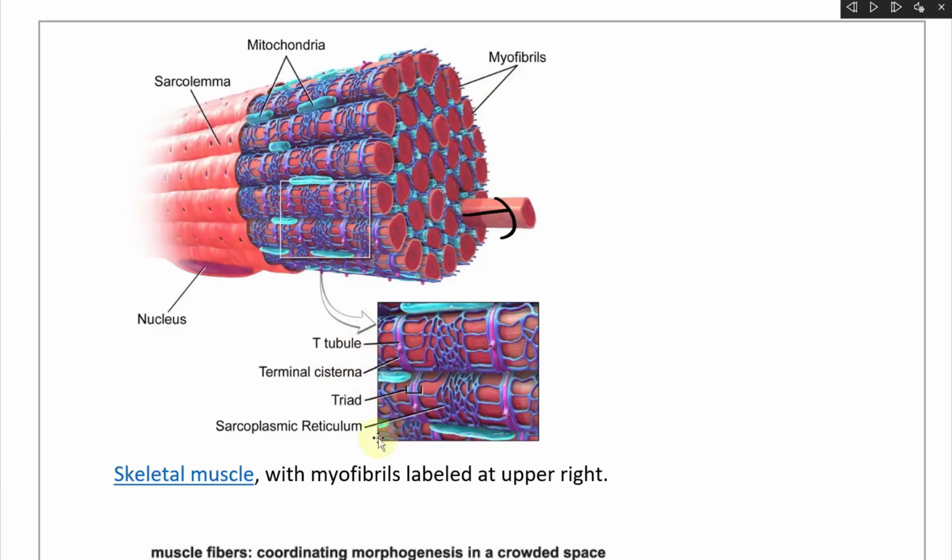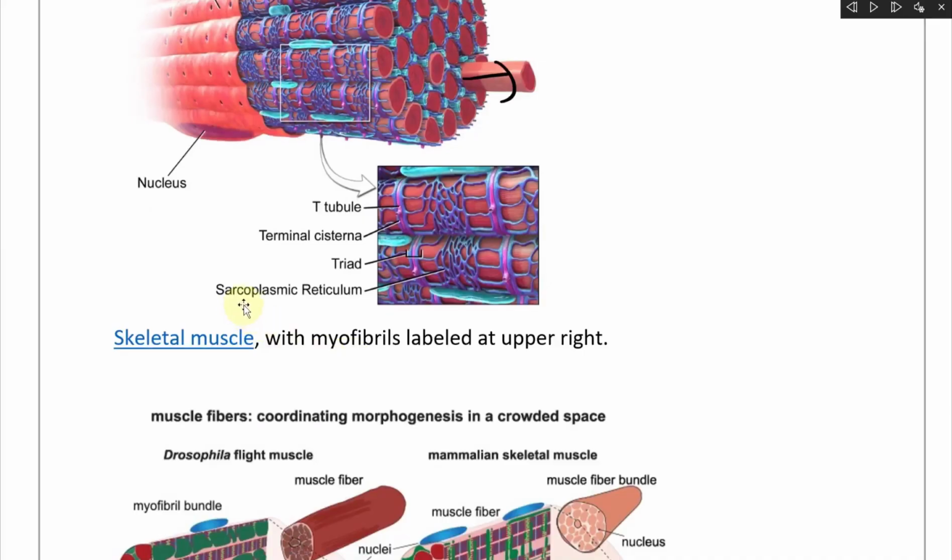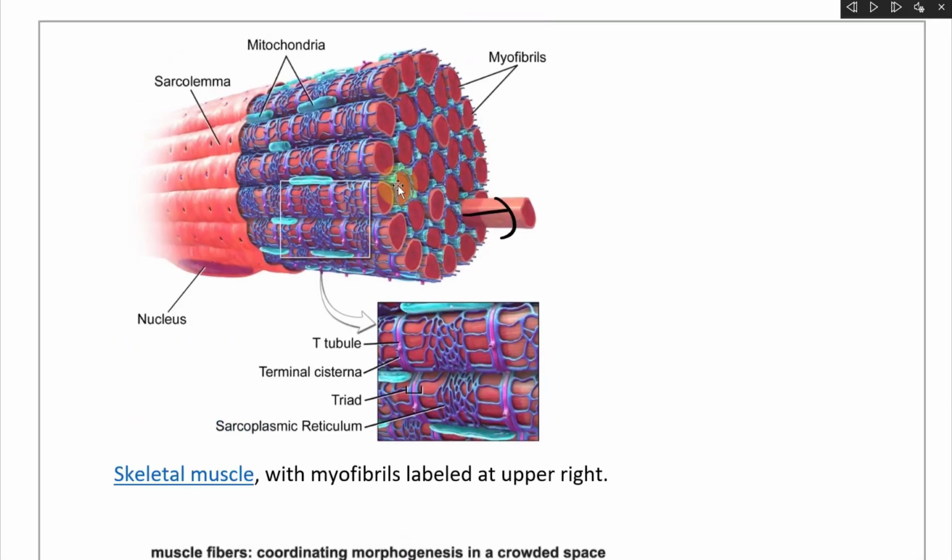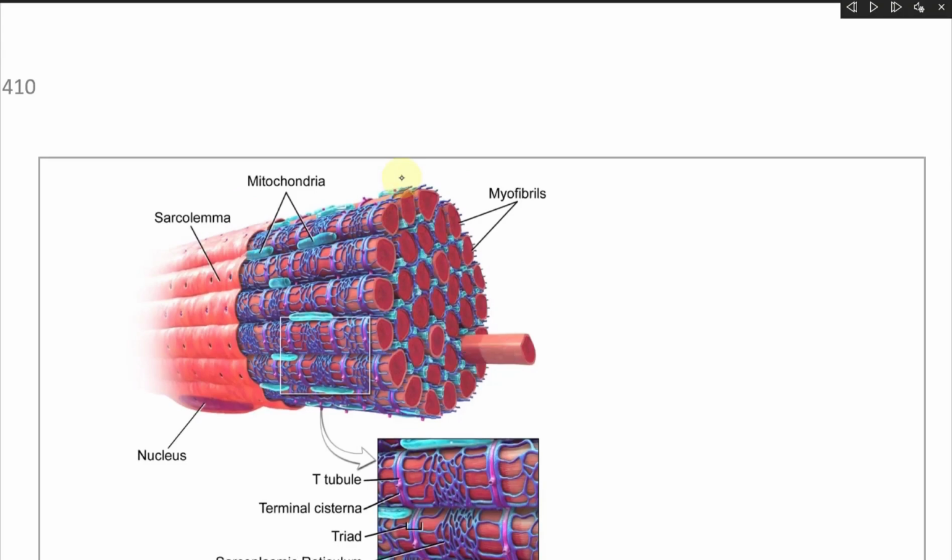There's the triad, and notice those three parts there. I think that's two of these terminal cisterna, and there's the T-tubule, the pink one. Anyways, we're not going to go over too much of that. And then this is the sarcoplasmic reticulum over here. Anyways, that's just parts of this setup, this muscle cell.